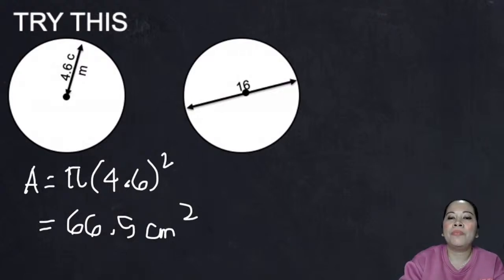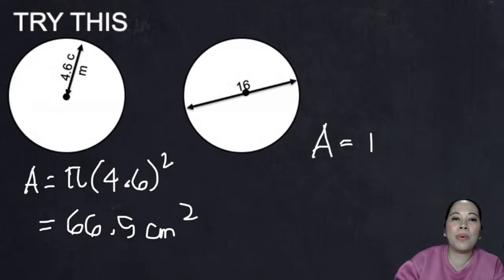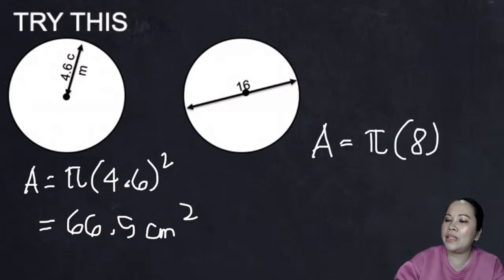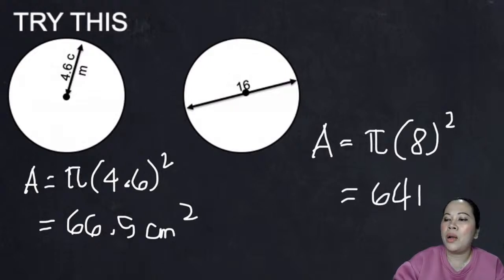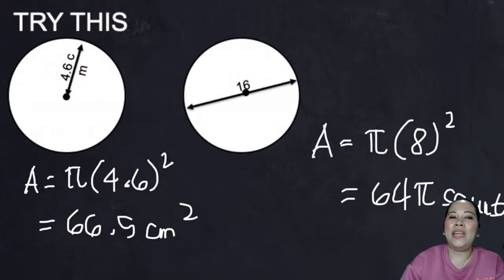So area equals pi times half of it, which is 8, squared. 8 squared is 64, so your answer will be 64 pi square units. Okay, so that is your area.